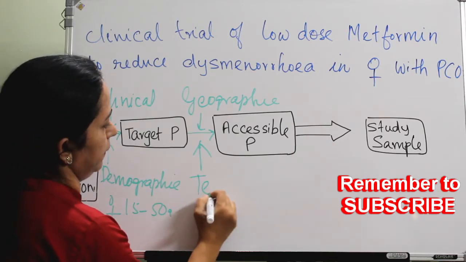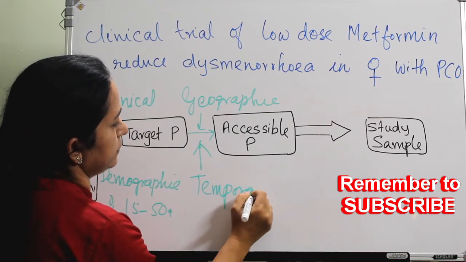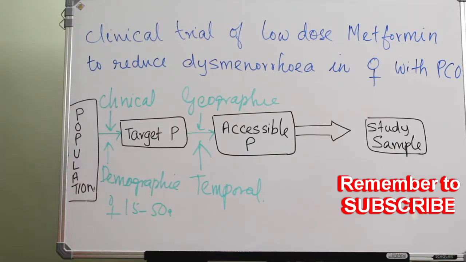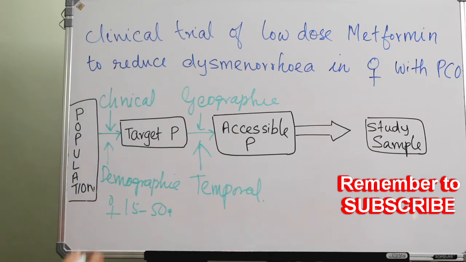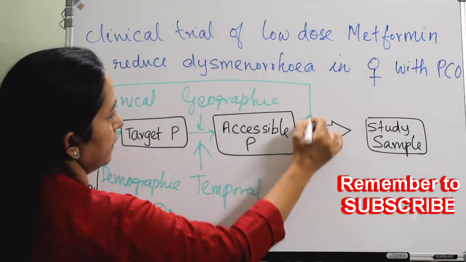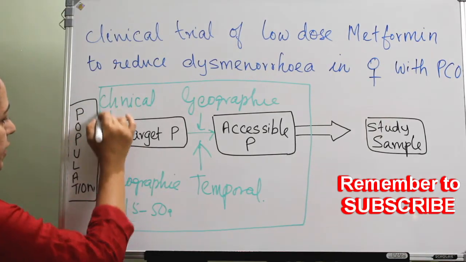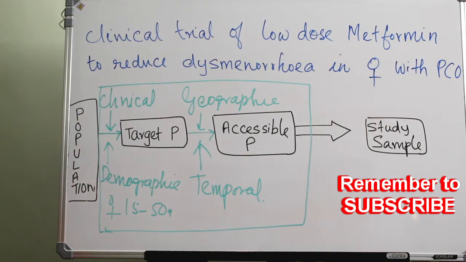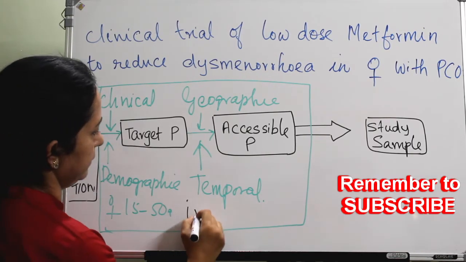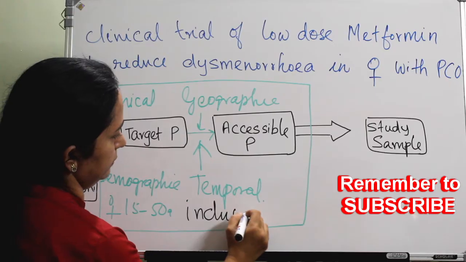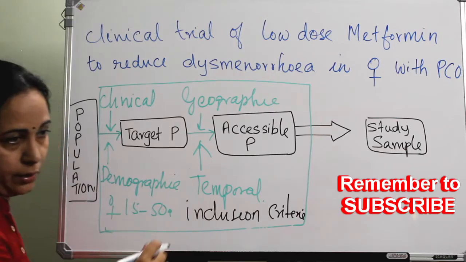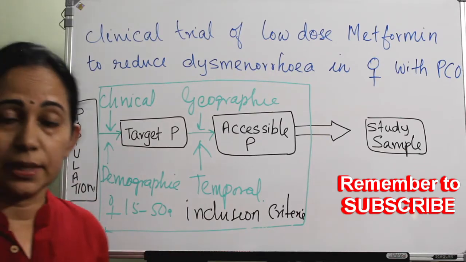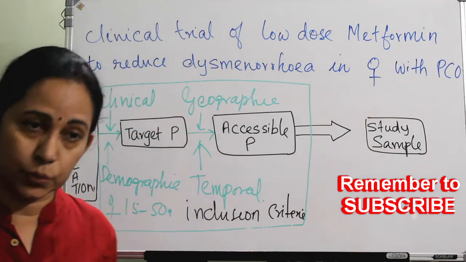Okay. So actually these are the main characters of the study participants pertaining to the research question. So the inclusion criteria actually comes here, right? So all these become the inclusion criteria. Okay, so they are the main characters of the study participants which are pertaining to the research question.